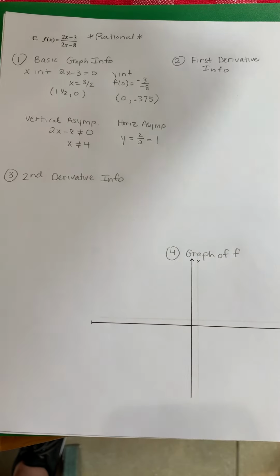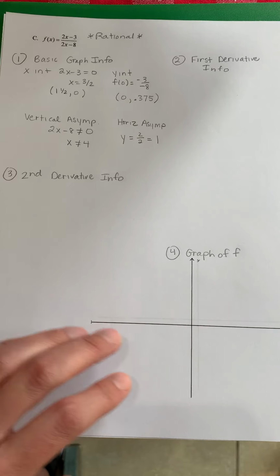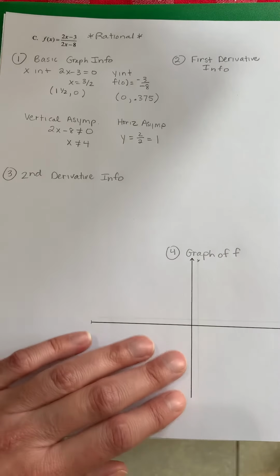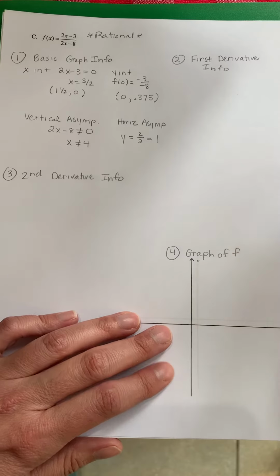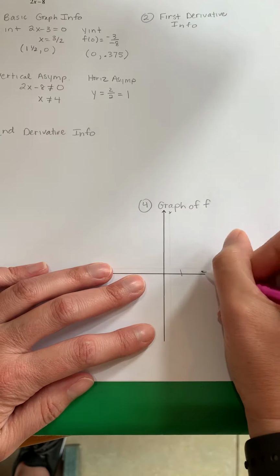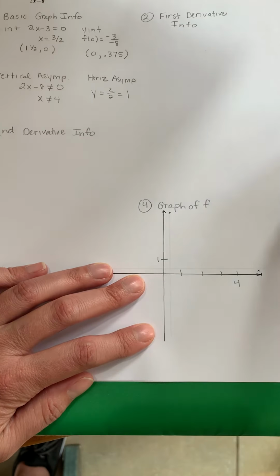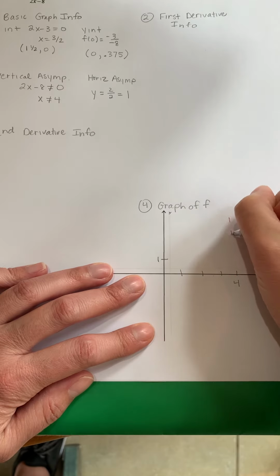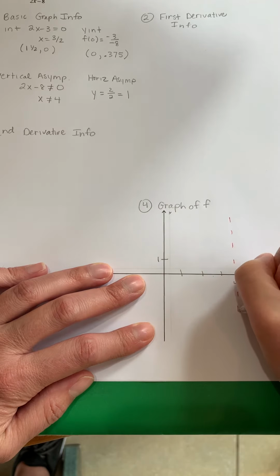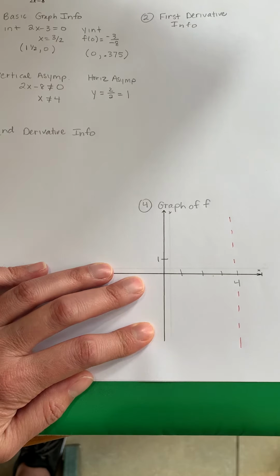Okay, we're going to go ahead and put that information on our graph. I like to put my asymptotes in a different color just to show that they're not really part of the graph, they're just guidelines. So over at 4, I'm going to make a dashed line for the vertical asymptote. I'm going to make sure I don't touch or cross through that.